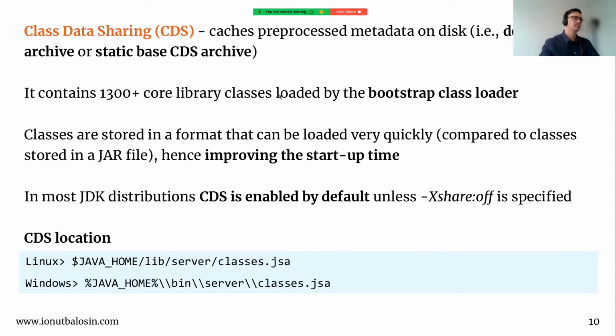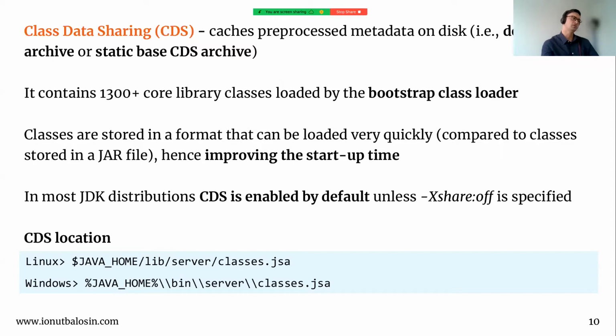In essence, you know that after you start a JVM application, you run your main program, the bytecode is loaded, it's verified, there are a lot of allocations and so on and so on. And all of this takes time. For example, the improvement is what if I just snapshot the bytecode which was loaded in that moment in memory.